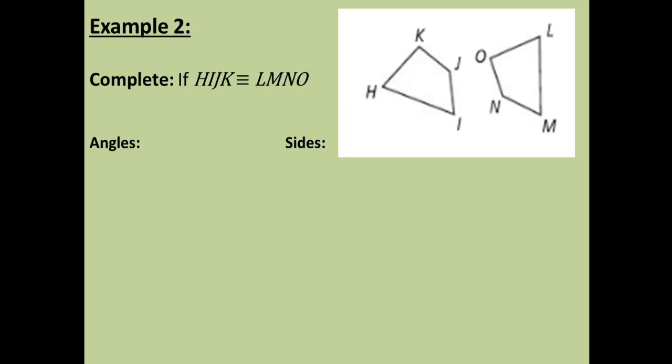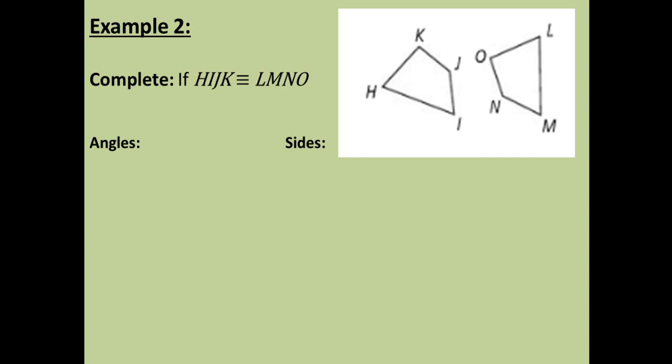Yes, it's easy. Another example, complete: if HIJK is congruent to LMNO, he wants you to write angles and sides, angles which correspond and are congruent.